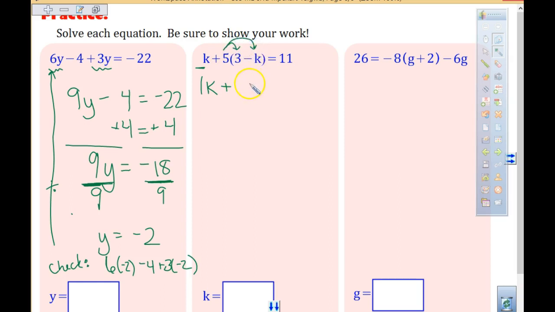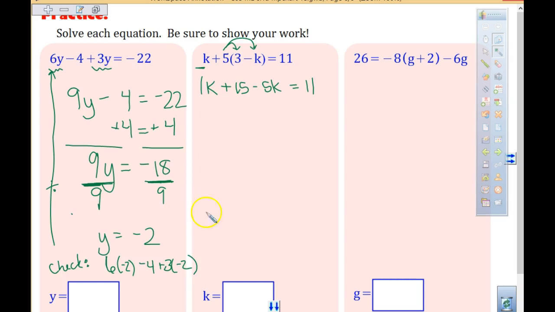So as I am doing that, what am I going to be getting, Sadie? If I take 5 times each one, first the first one and then the next. So 15, 5 times 3, minus 5K equals 11.